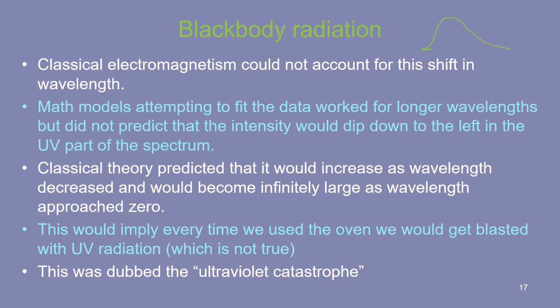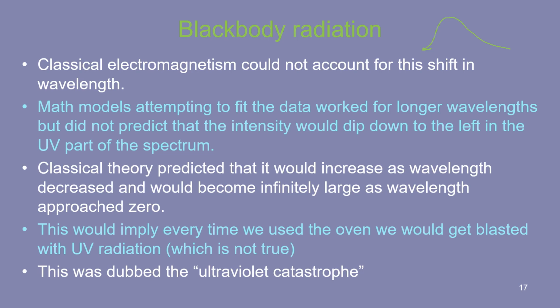So classical theory predicted that intensity would just keep going up infinitely as wavelength decreased. As wavelength got closer to 0, intensity should be nearly infinity. But of course that doesn't happen. We see this decrease back again in intensity on the left-hand side of the peak in the ultraviolet area.